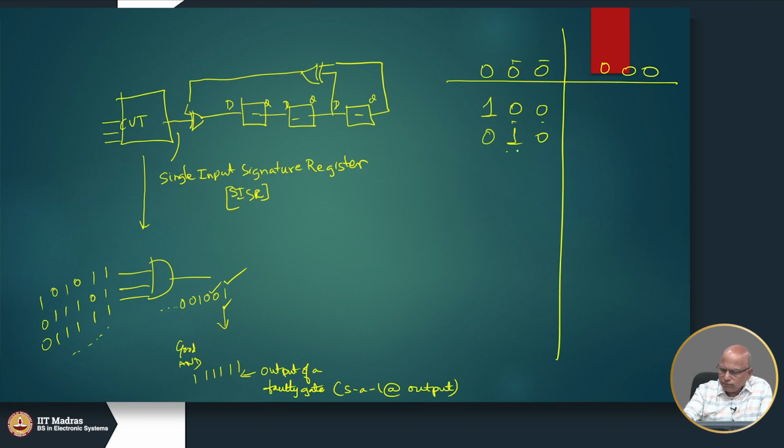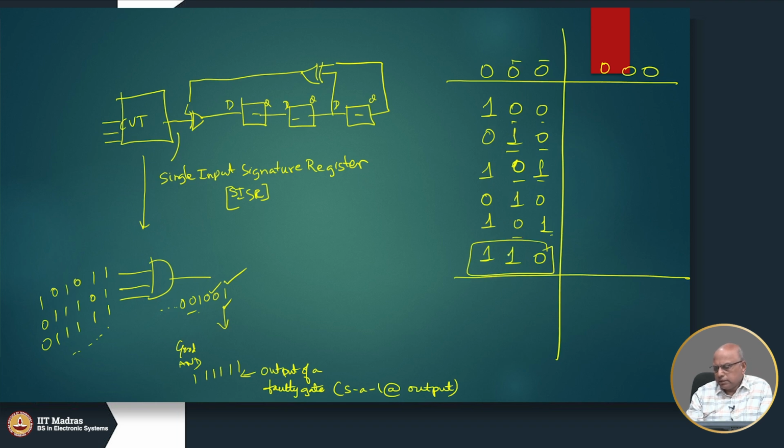Then again XOR of 1 0 and 0. Then again we have XOR of 0 1 and this 1, so a 0 will enter here, and this 0 will cause 1 0 1 and the other 0 will cause 1 1 0. So, this is the final state of a good AND gate.